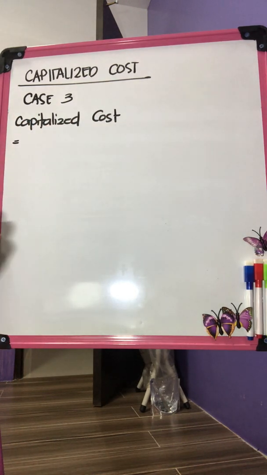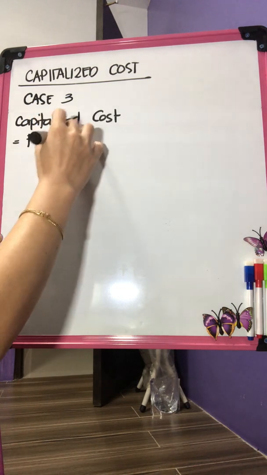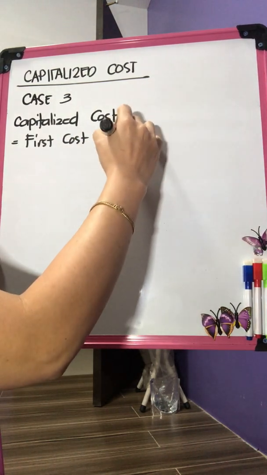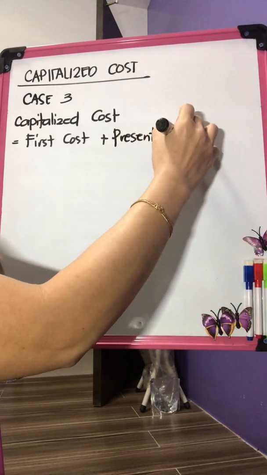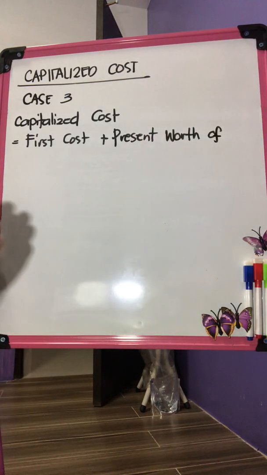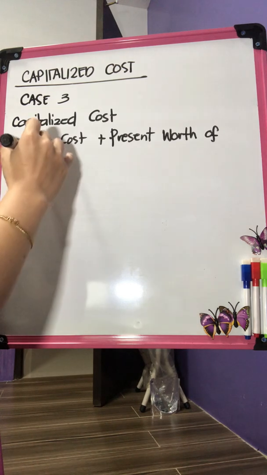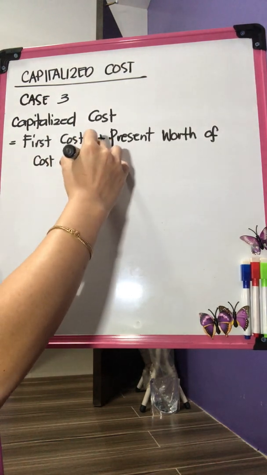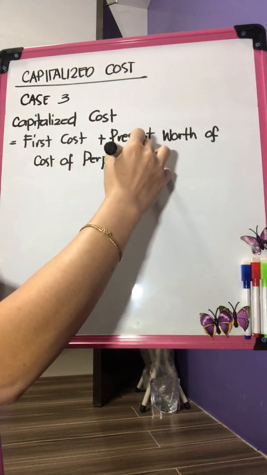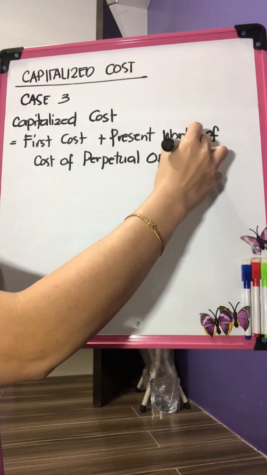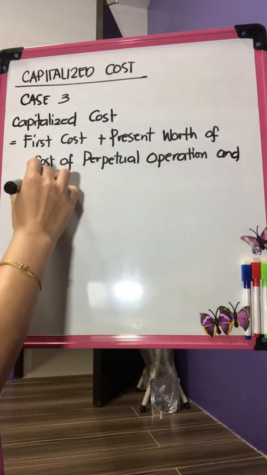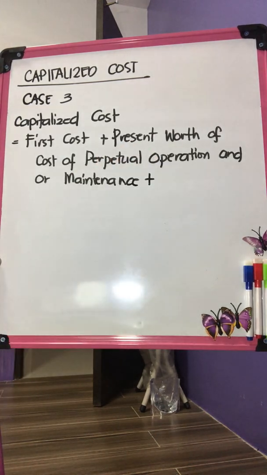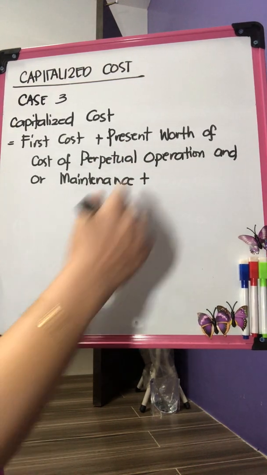okay, so that is equal to first cost. Okay, so syempre, yung original cost ng machine, plus yung ating present worth of cost of perpetual operation and or maintenance, and of course yung ating present worth of perpetual replacement.